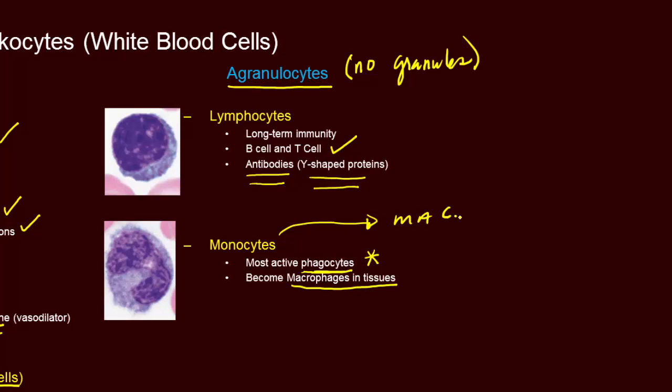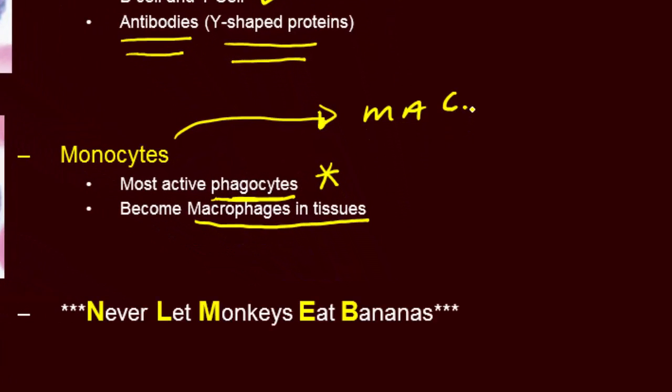Okay. All right, so how do we remember these cells and in what order we might see them in? Well, we know that the neutrophils are the most common and the basophils are the least common. Well, where do the others fall in line? A good mnemonic to remember is never let monkeys eat bananas. Okay, so never is our neutrophils. Okay, they are the most common.